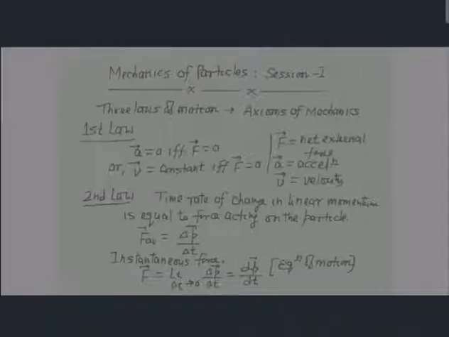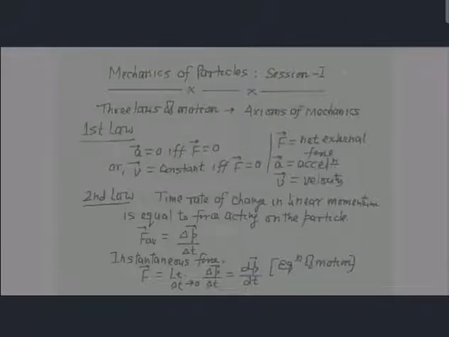So axioms are such principles which do not have proof, and for the first law, the statement reads like acceleration equal to 0 IFF force equal to 0. Now what is this IFF? IFF means if and only if. Acceleration is equal to 0 if and only if force equal to 0. What does this mean?